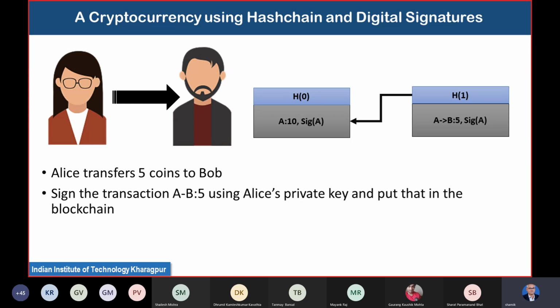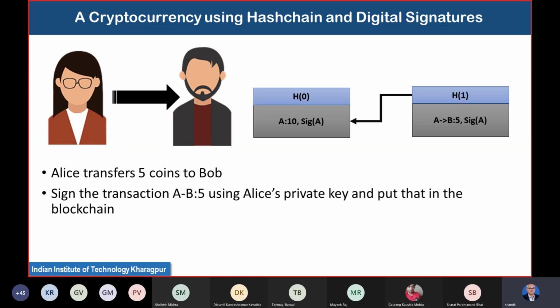And if now somebody changes that A10 and its signature, of course if somebody wants to tamper, that will get detected from the signature of Alice, and further it will be detected through breaking of the hash pointers and so on, which we have already discussed. And again, the next block will be pointing to this and so on.